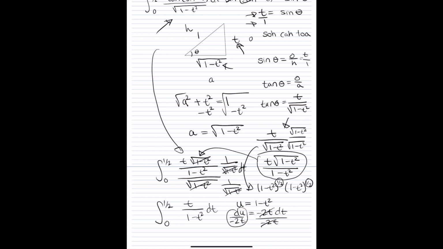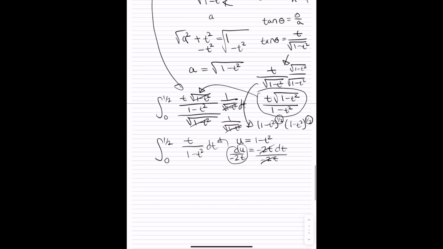Substitute this value for dt. The t will cancel out, so we got negative 1/2. We could move that into the front because it can be moved to the front of the integral. So negative 1/2 integral of 1 over u du. So the integration of 1 over u is ln u.